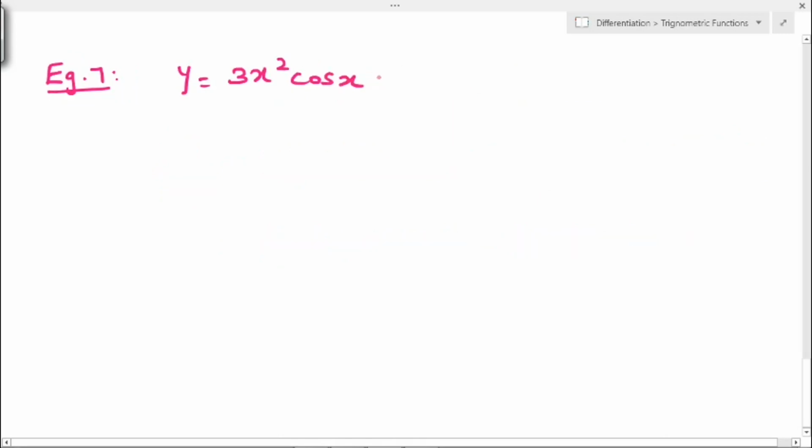Next example, y equal to 3x square into cos x. Okay. So we have to assume the first term, that is x square, as some u and cos x as some v. So this is of the form uv, that is product rule. So we are going to assume u value as x square and v value as cos x. So first differentiate these two with respect to x.